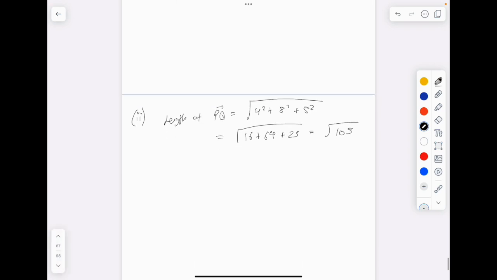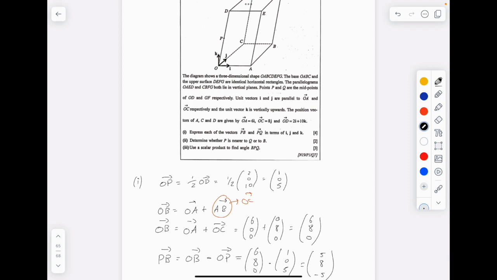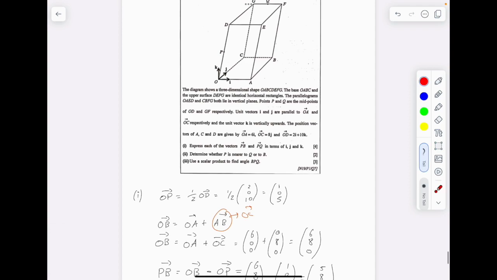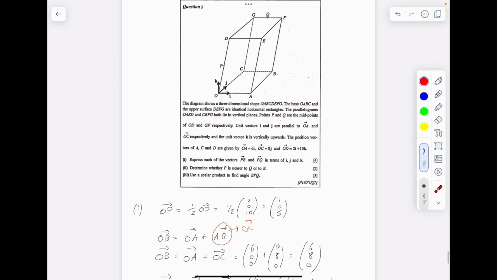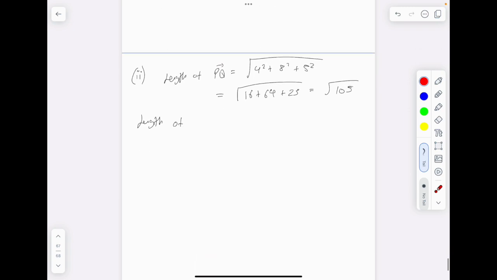Okay. Meanwhile, the length of PB, remember, they're trying to work out, from P, are we closer to Q or are we closer to B? That's what we're trying to work out here. So PB, okay, that's going to equal what?